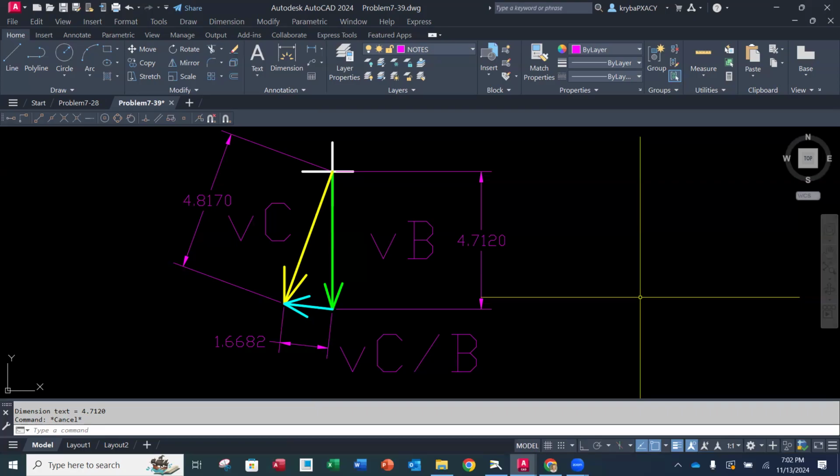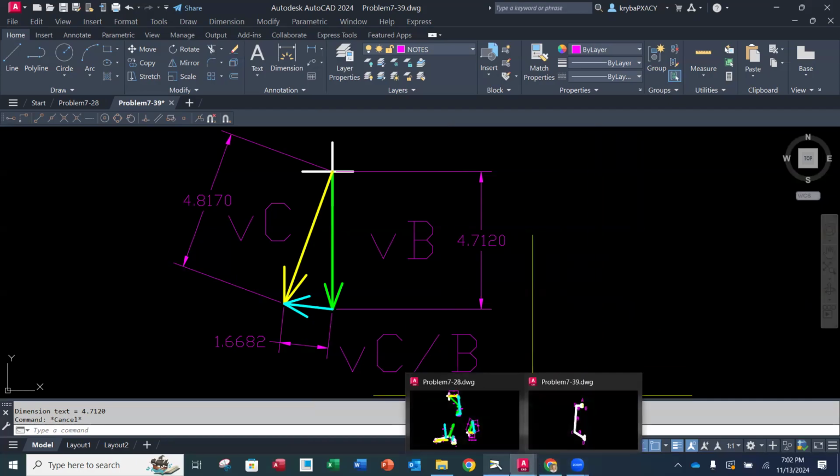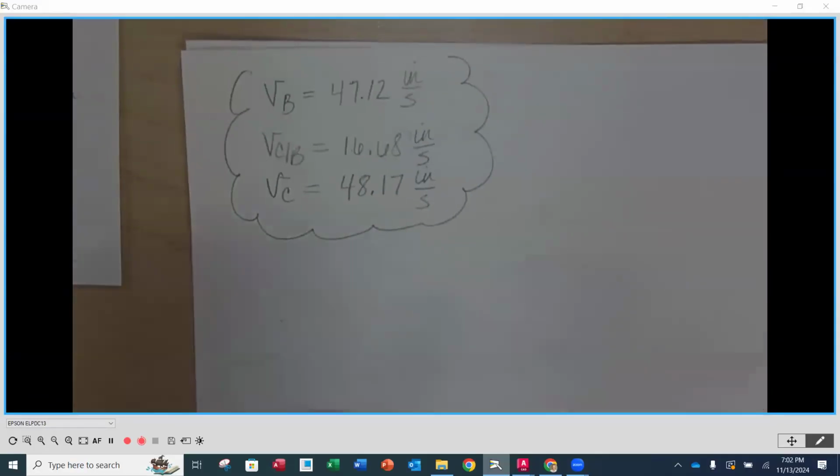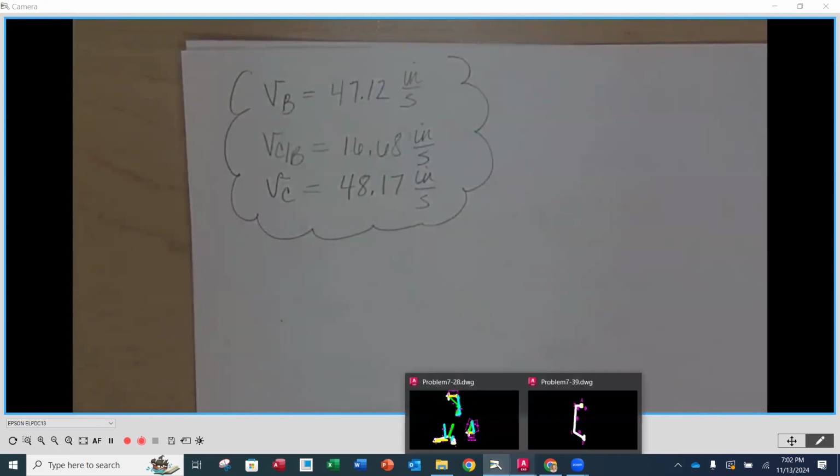And then the velocity of C is 48.17 inches per second. Do you guys get similar numbers or same? Hopefully. Anybody else? I just want to confirm because I measured mine. Did you guys get the same values?